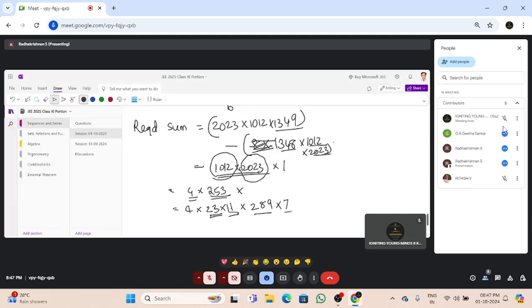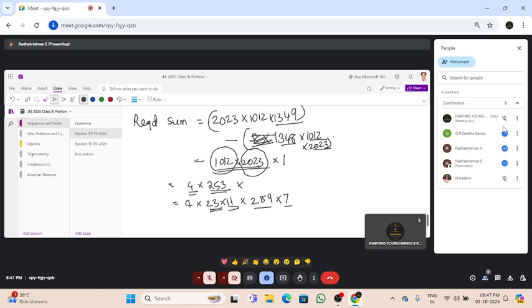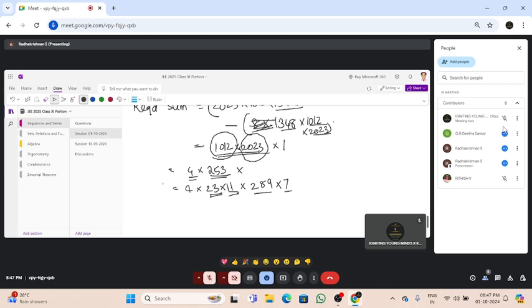Okay. So now you have factorized to the extent possible, right? So this is your 2 square into 17 square, and 289 is 17 square. So once we take out the squares, the remaining are 23, 11, 7. Right?